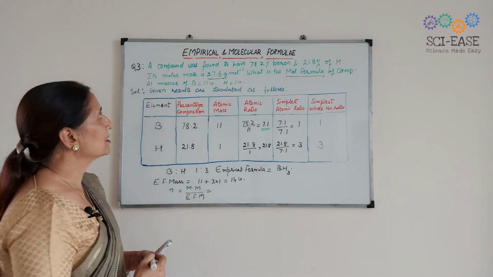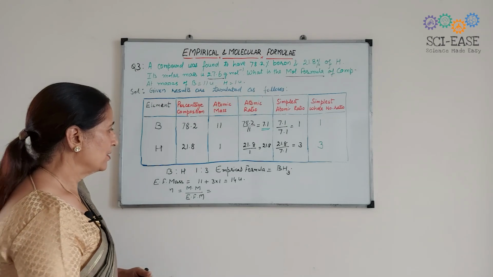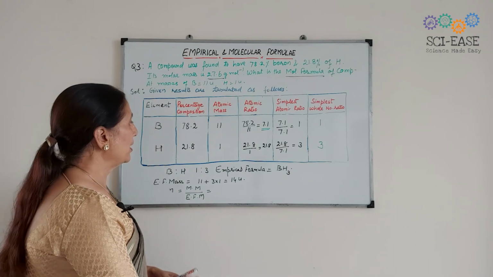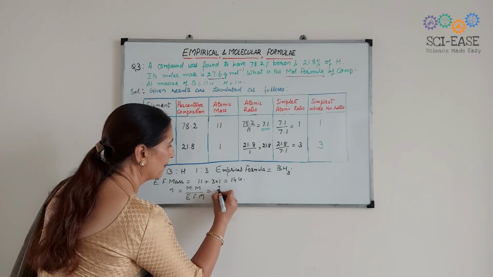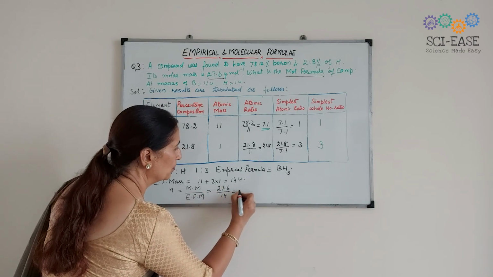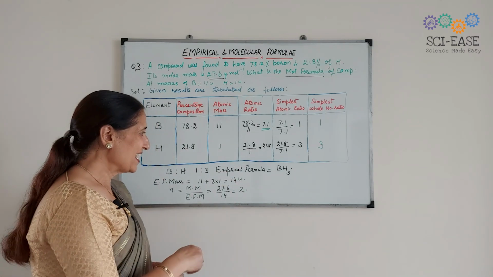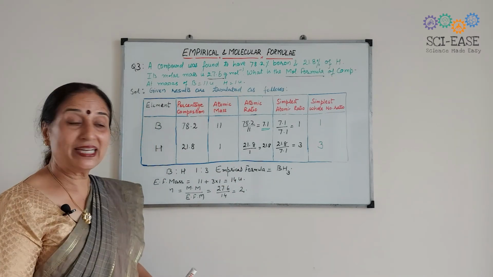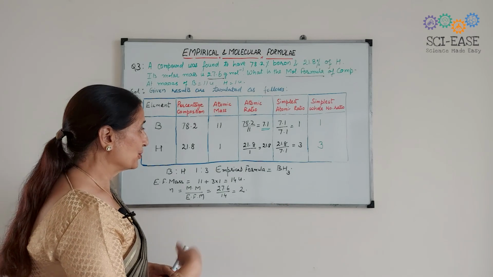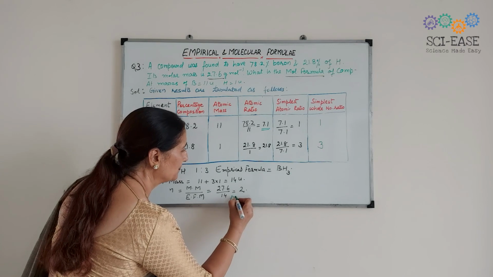What is the molar mass? It's given 27.6. So 27.6 divided by 14, it will come out to be approximately 2. So the next thing is we have to deduce, you can say, the molecular formula.